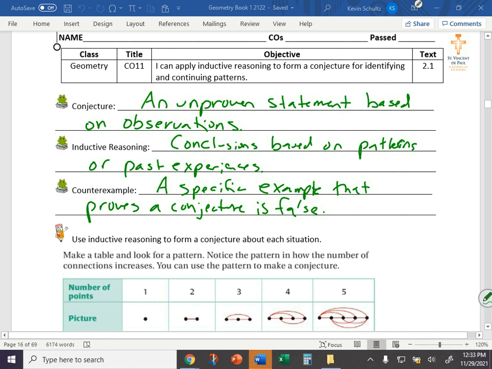Based on my experience, patterns, looking at primes, they're all odd. What's the counterexample? Like 2, right? 2 would be the counterexample for that statement. It proves the conjecture false.